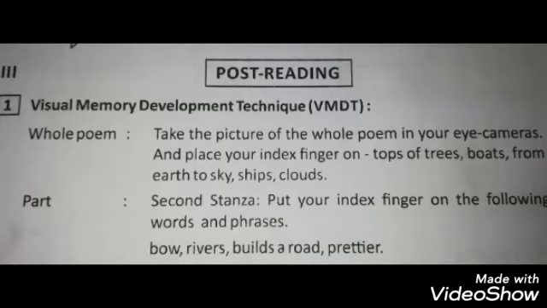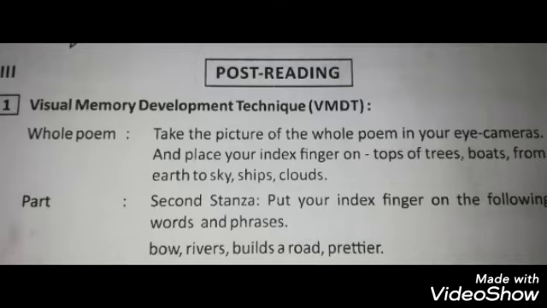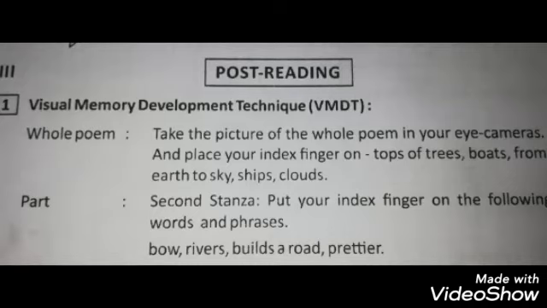Then the second stanza. If you take the photograph of the second stanza and your teacher asks, put your index finger on the following words, suppose bridge, pretty, please, heaven, rivers, bow, builds a road, prettier, or the last line of the second stanza or first line of the second stanza.